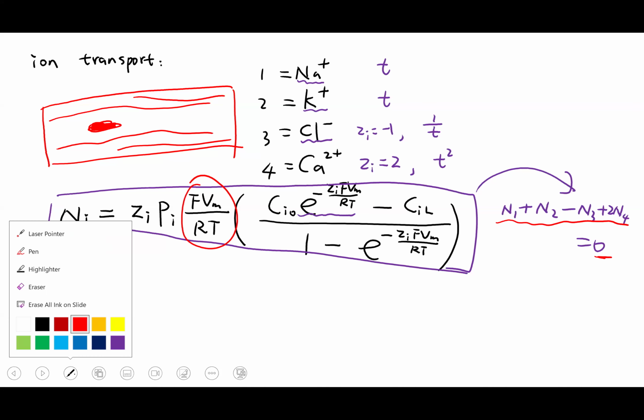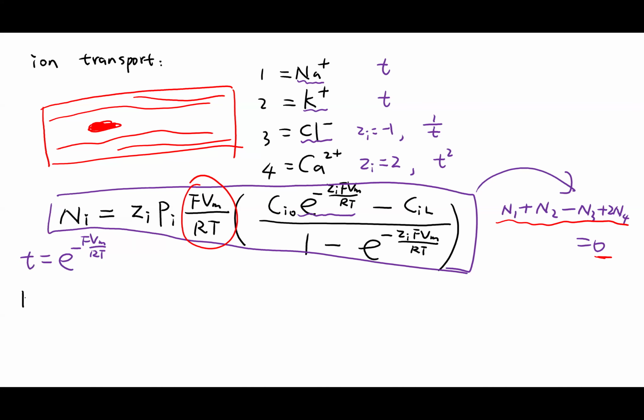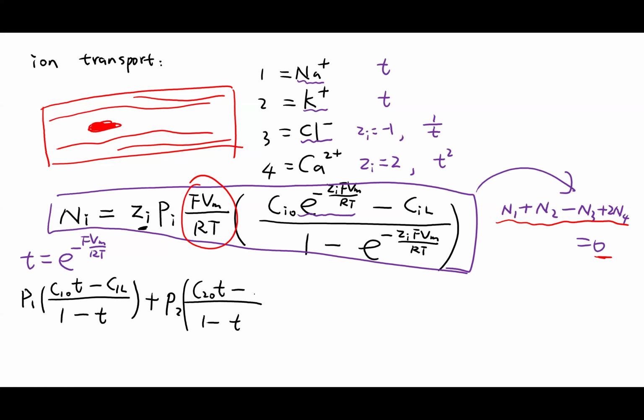For the first one, what we will have is P1, because Z1 is 1, so you only have P1. And then it will have P1 times 1 minus T, and C1 naught T minus C1L, okay? The second one is the same: P2, 1 minus T, and then C2 naught T minus C2L, okay? And then the third one, be careful.